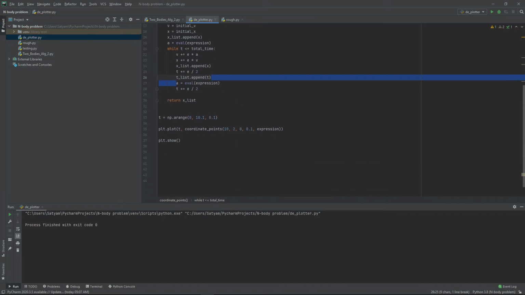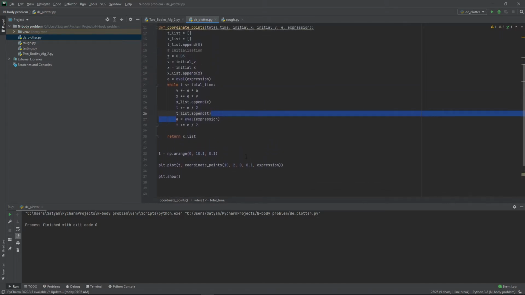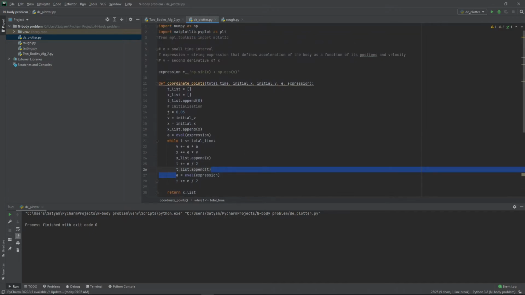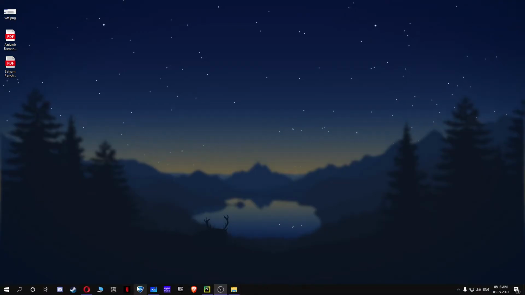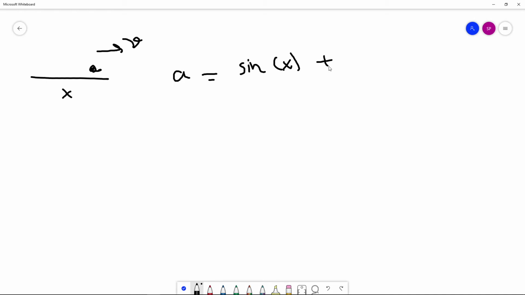So what I did is to plot a function, right? I set the acceleration expression as sin x plus cos v. Basically this is my premise. So I'm solving this differential equation, where the position of the particle is x at any time, the velocity of the particle is v, and the acceleration of this particle is sine of x plus cosine of v.